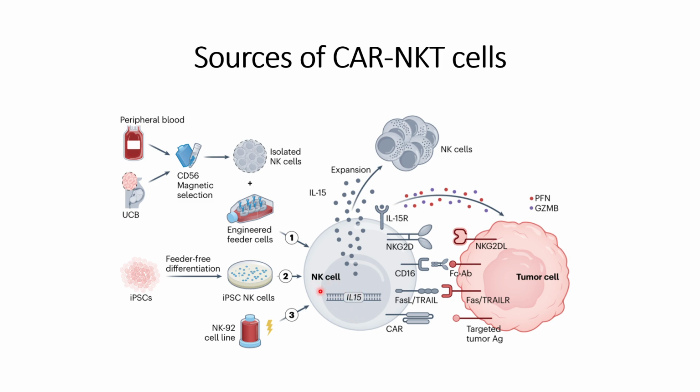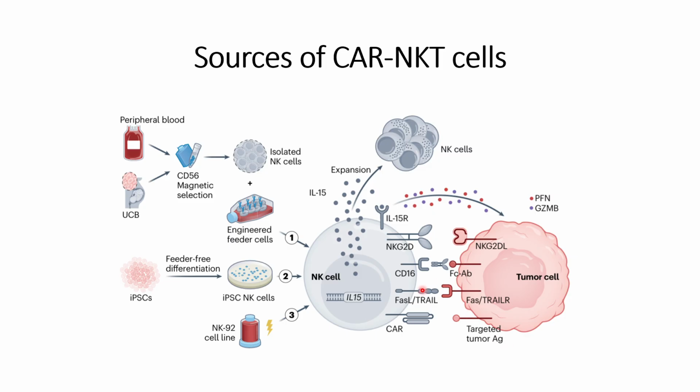This IL-15 gene will help in the expansion of these NK cells or CAR-NKT cells. At the same time, it will also activate these CAR-NKT cells to release lytic granules such as granzyme and perforin against the tumors.